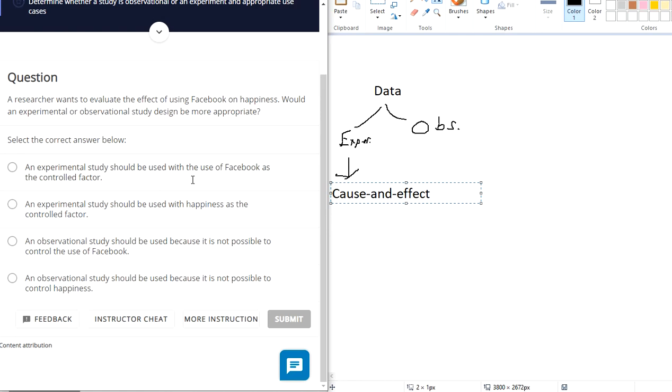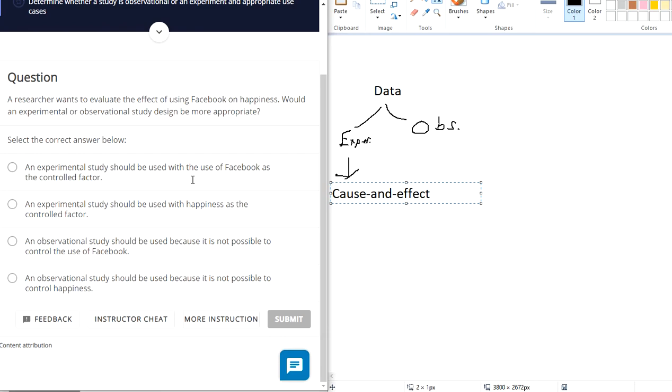This is actually going to be kind of a tough one because you could tell people to use Facebook a lot more, but it probably makes more sense to have an observational study. You want to just watch people using Facebook. You don't want to deliver different dosages of Facebook. But it still looks like they're looking for a cause and effect relationship, so an experimental study is probably what they're looking for as the correct answer here.